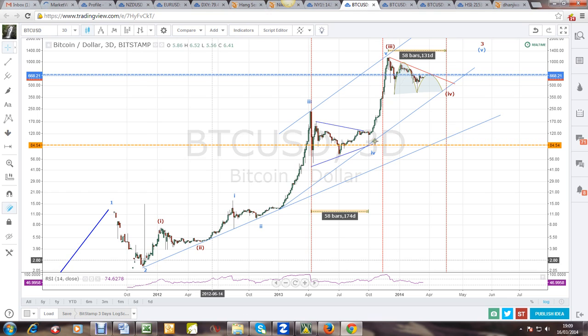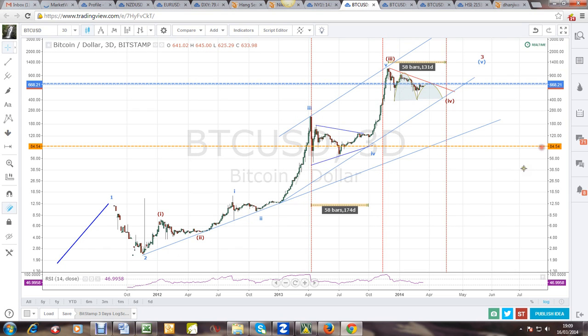So the implication is that the distance and proportion would vary. The shape might be similar, but the time it takes and the distances traveled would not be the same. So that would be the mistake if anybody wants to do the fractal.